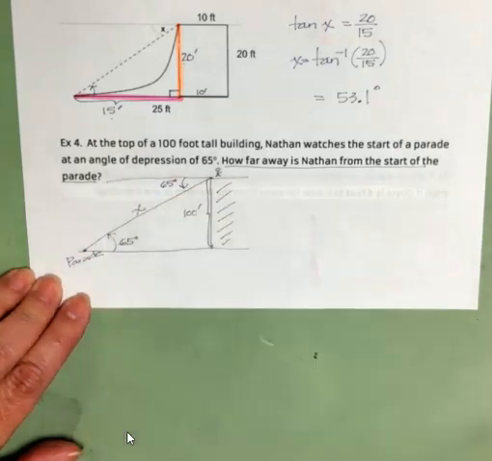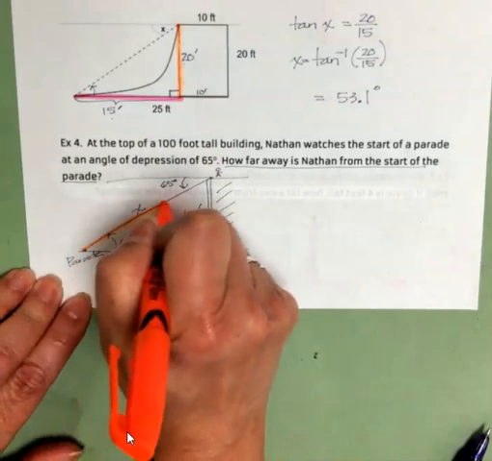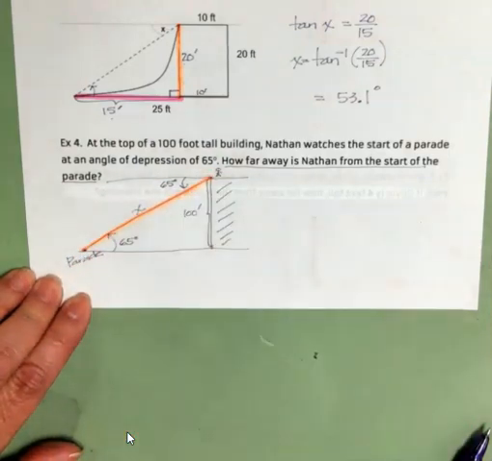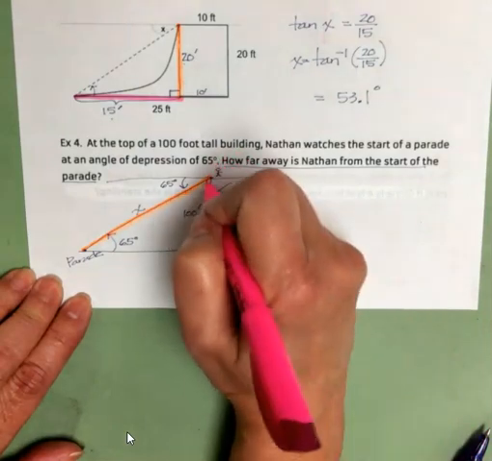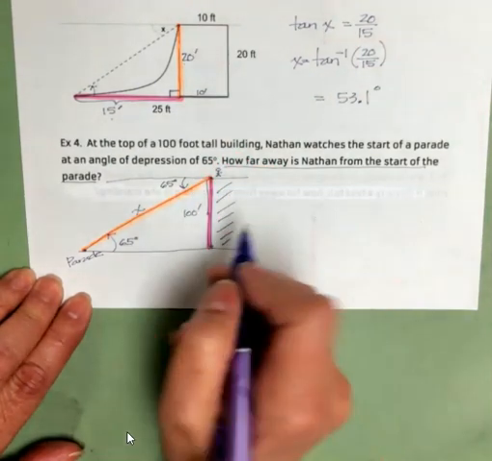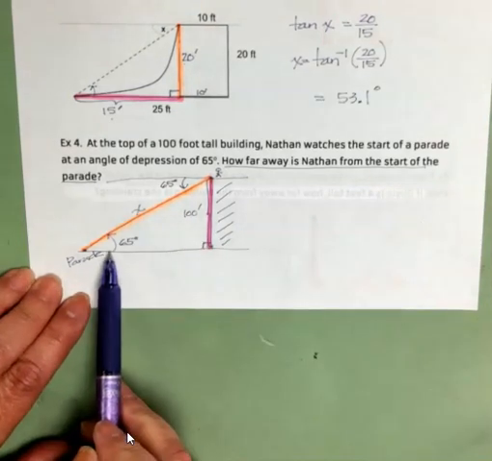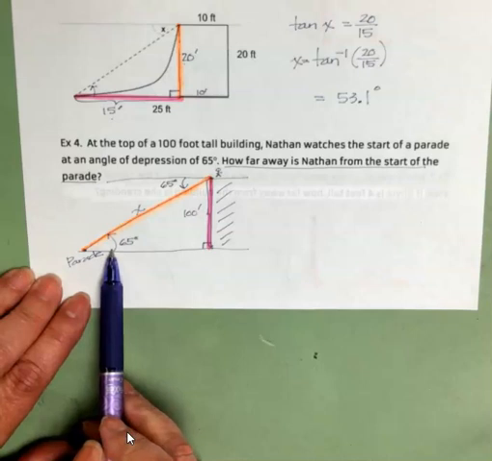This is what we're looking for. The distance from Nathan to the start of the parade, that's what we're looking for. We're given the height of the building, which again we are assuming is perpendicular to the ground, and we have this angle.